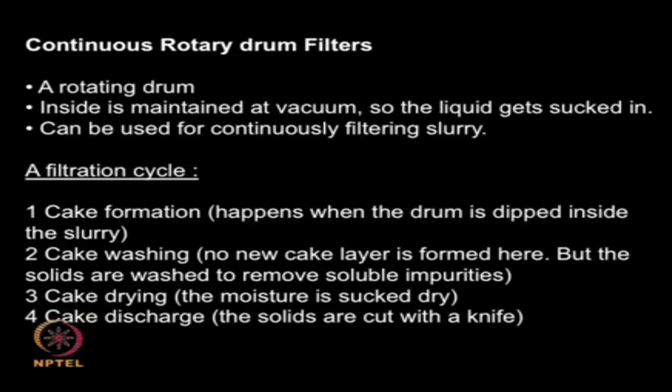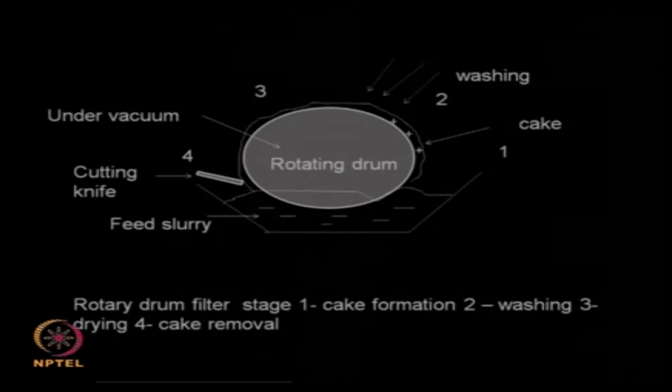So remember that the cake formation step is the time when the cake is formed, when the empty drum dips into the slurry tank; otherwise there is no cake formed. Here we can use the same Darcy's law equation and go further on. This is the setup as I described in the previous slide. You have the cake formation when the drum is dipped into the slurry, and you have a cake.